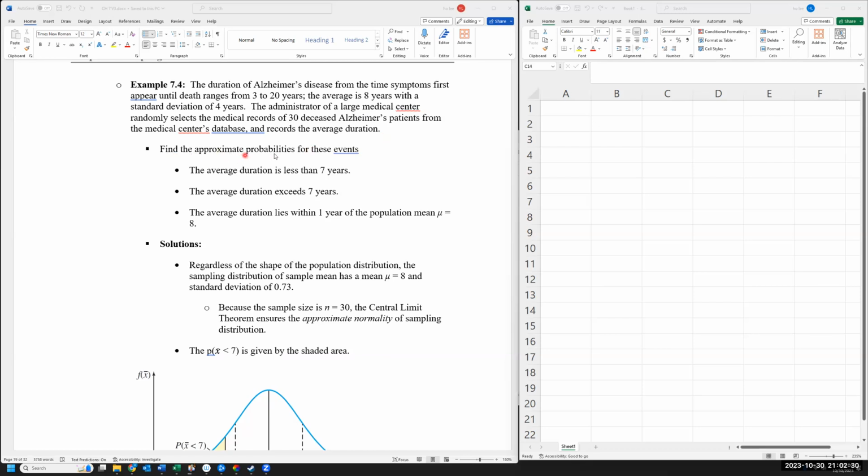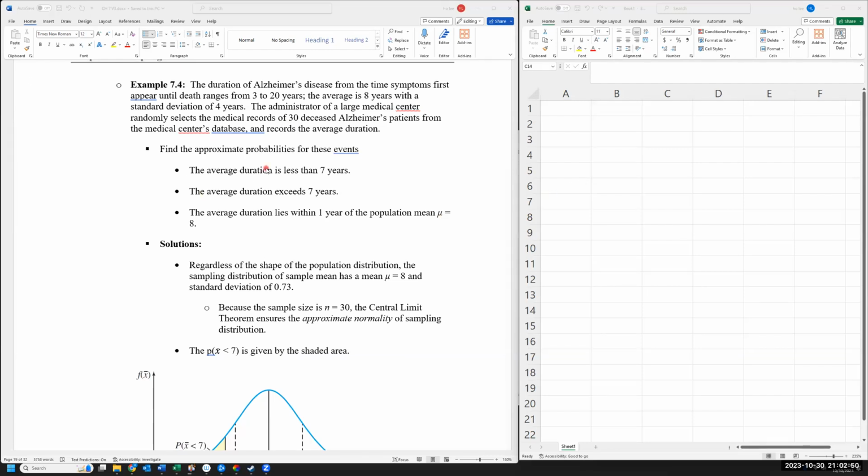Find approximate probabilities for the following events: the average duration is less than 7, the average duration exceeds 7, and the average duration lies within 1 year of the population mean of 8.